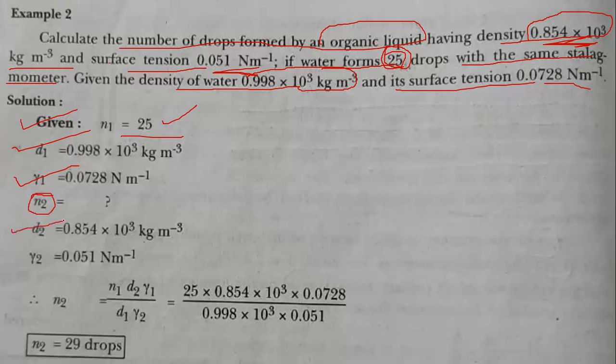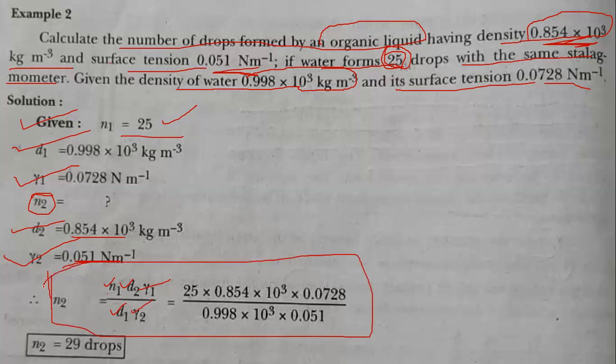Density of organic liquid is this one, surface tension of organic liquid is this one. Okay, so you can find out N2 is equal to N1 into D2 into gamma 1 upon D1 into gamma 2. So just put the values and you will get how many drops may be possible or form over there.